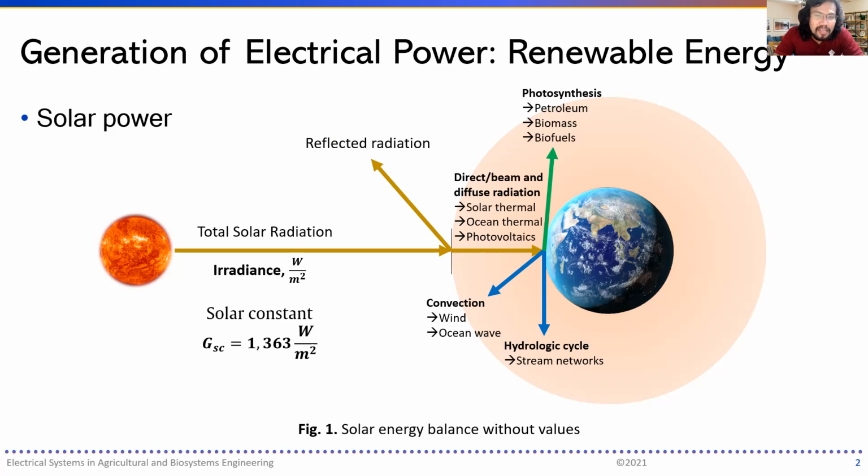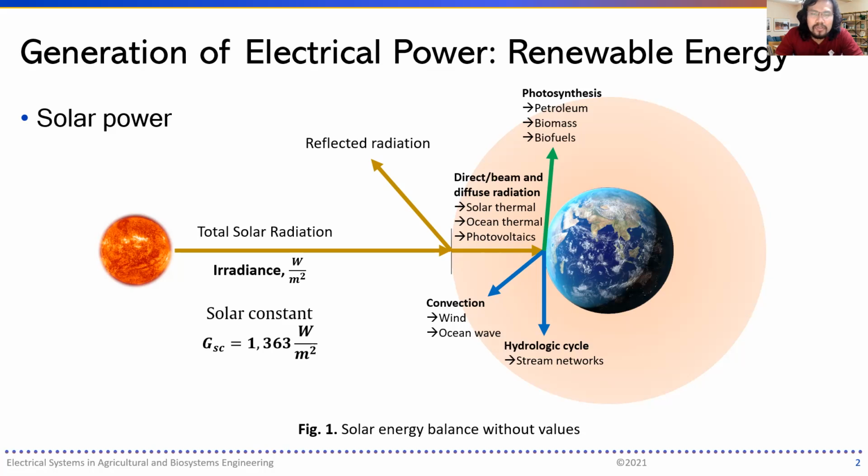Now, besides this, there's the solar radiation absorbed by the Earth. There's also the use of solar radiation by the direct beam and diffused radiation, and this leads to the photovoltaics, which was already discussed.